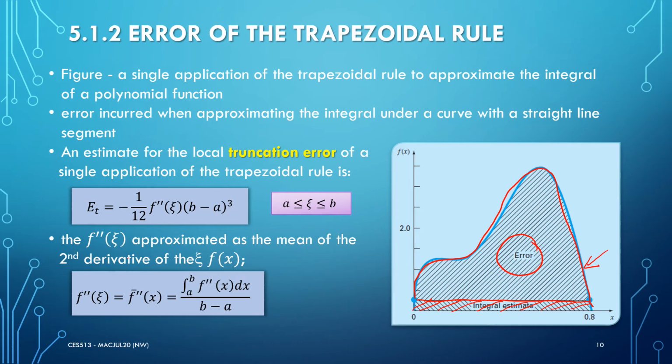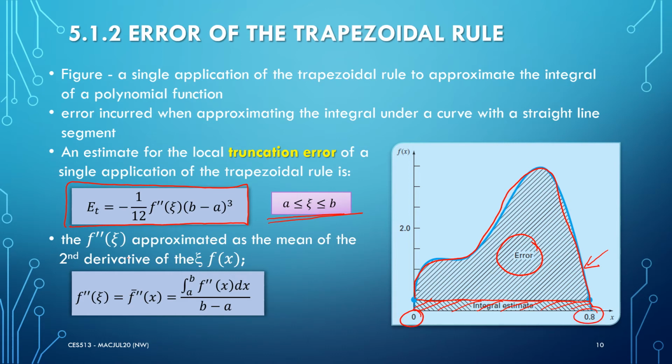An estimate for the local truncation error of a single application of the trapezoidal rule can be determined using this equation. The derivation of this equation can be found in figure 12 in your lecture notes. So the truncation error Et equals -1/12 times the second derivative of xi multiplied by (b minus a) to the power of 3, where xi lies between a and b, like here, from 0 to 0.8.